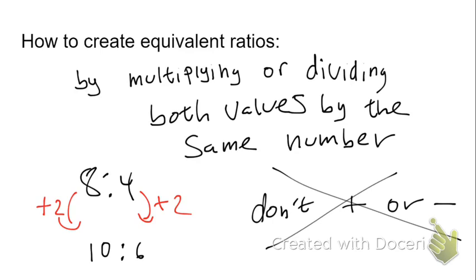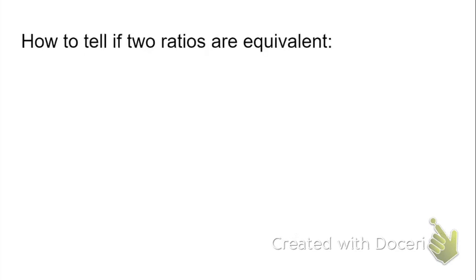So let's look at a couple examples. Oh, well, before we look at an example, let's check to see how we can tell the two ratios are equivalent. So let's say we got a ratio 6 to 8, and we got another ratio 24 to 32.